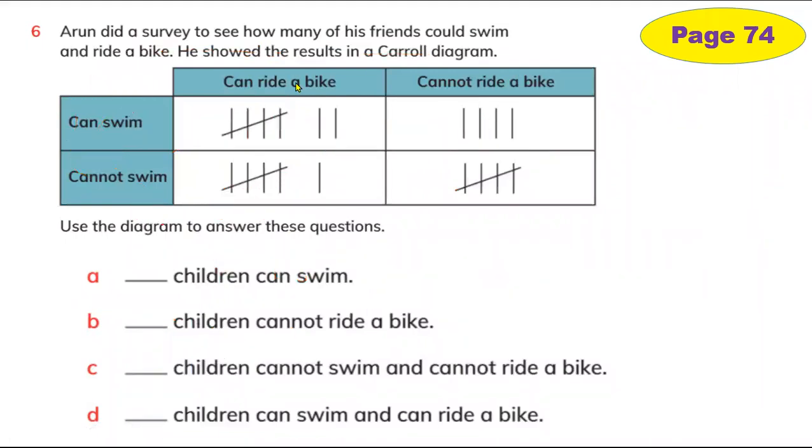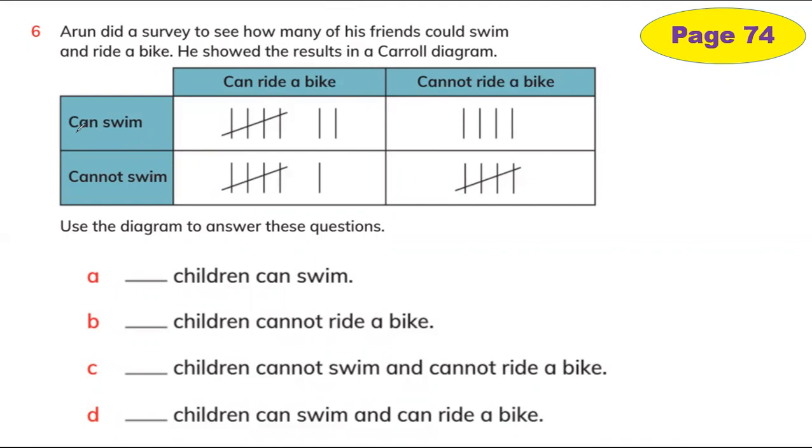Okay, in question number 4 on page number 74, we have to look for, Arun did a survey to see how many of his friends could swim and ride a bike. So guys, look at this Carroll diagram. Arun made the record in these lines.